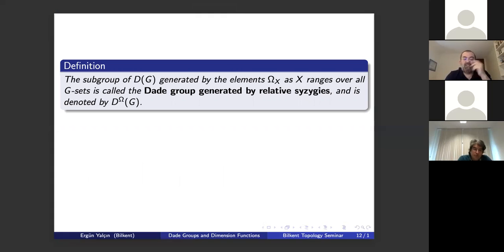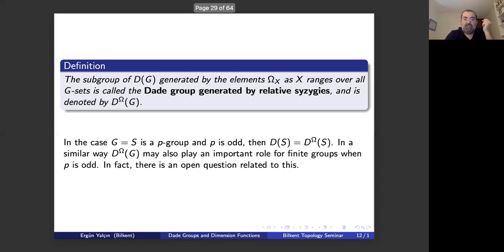Now, in the p-group case, D^Omega(G) plays a very important role. People actually calculate the Dade group D(G) by calculating D^Omega, essentially. In particular, for p odd in the p-group case, D(S) becomes equal to D^Omega(S).